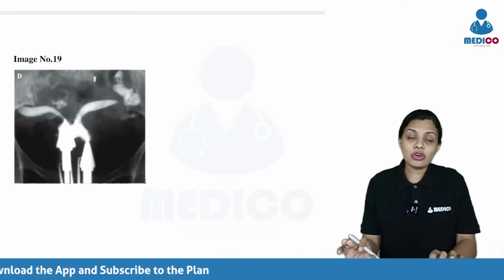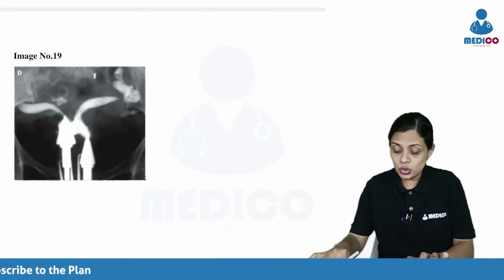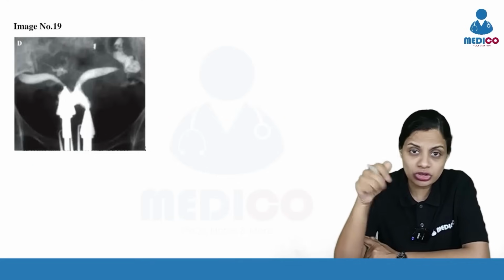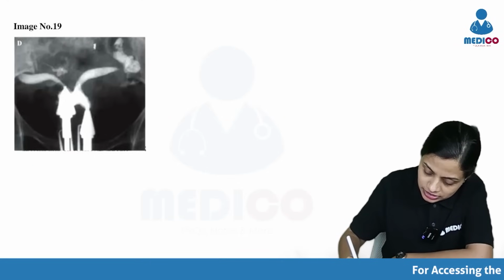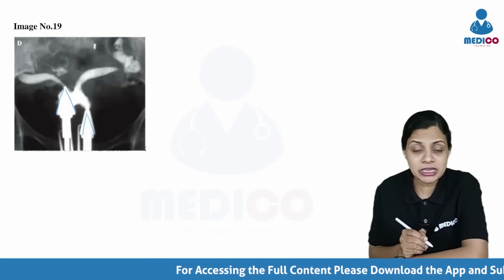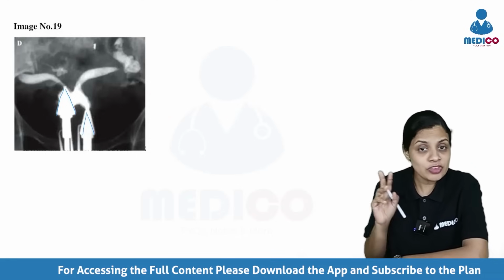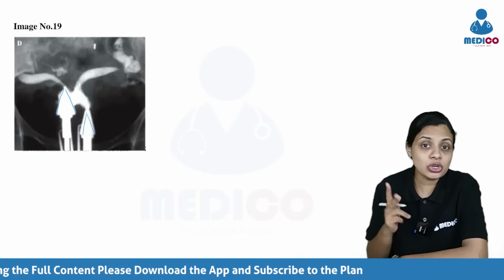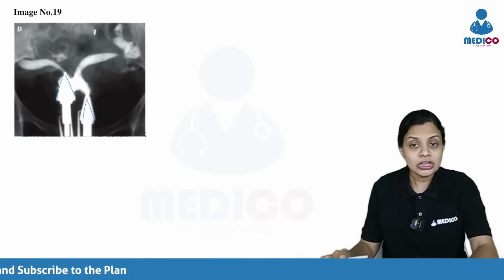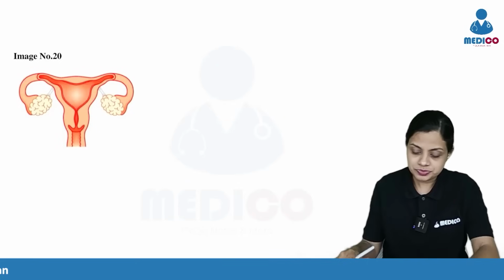If you have any difficulty in identifying this picture, look at the Leech-Wilkinson cannulae. Where are the cannulae inserted through? Through the vagina only. Here you can see two cannulae inserted. That means there are two vaginas, and the only condition with two vaginas is uterus didelphys. So this is the picture of a uterus didelphys.